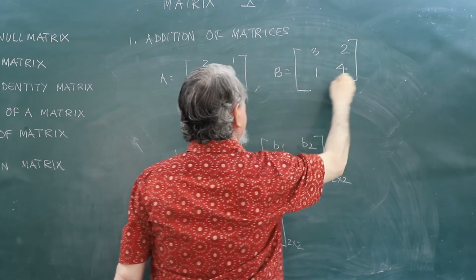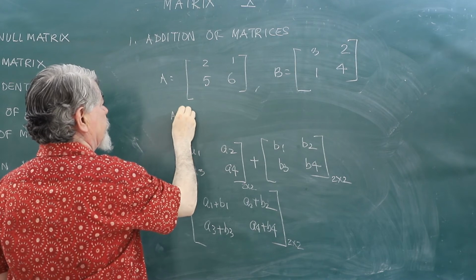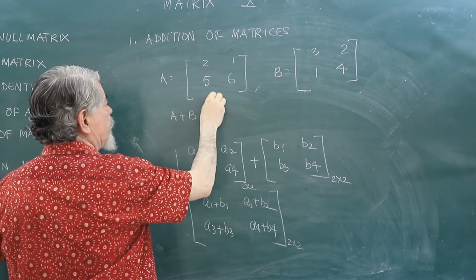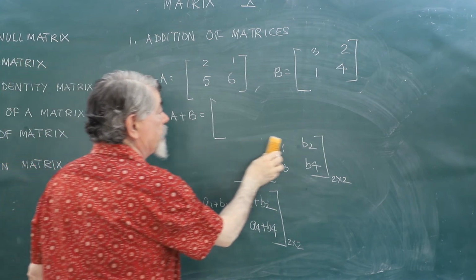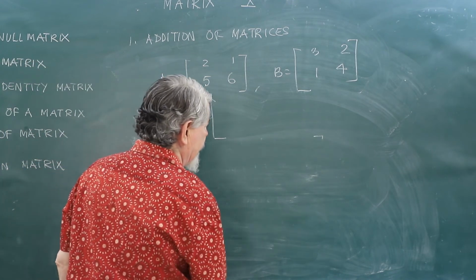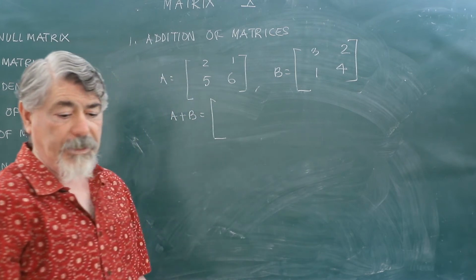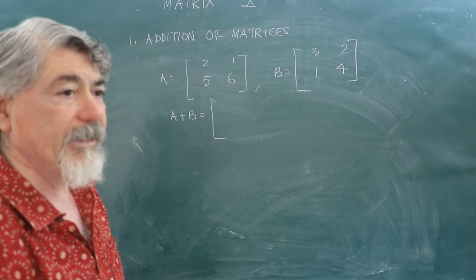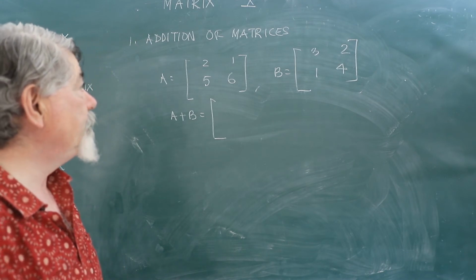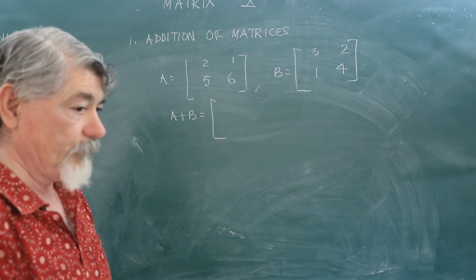So if I have to find A plus B, first of all I must check, are they of the same order? Yes, I can see clearly they are of the same order. The order of the matrix A is 2 into 2 and the order of the matrix B is also 2 into 2. So of course I can add them, because they are of the same order.